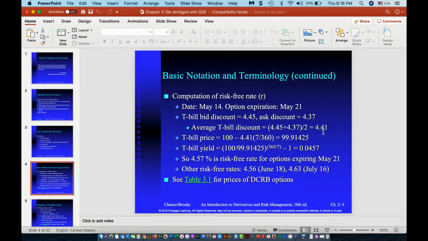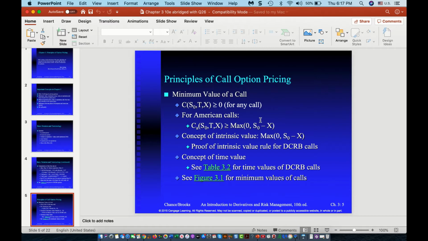So you find the average T-bill, and after that you plug it in this formula, where this part is the holding period return, and you get the price, and after you pay the price, it is the ending value minus beginning value divided by the beginning value to find the return. But this is in continuous time, that's why it is to the power 365 by 7, and the risk-free rate is 4.57.